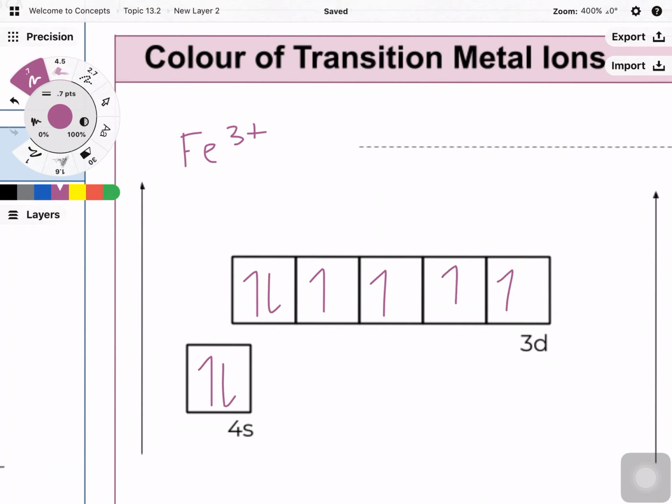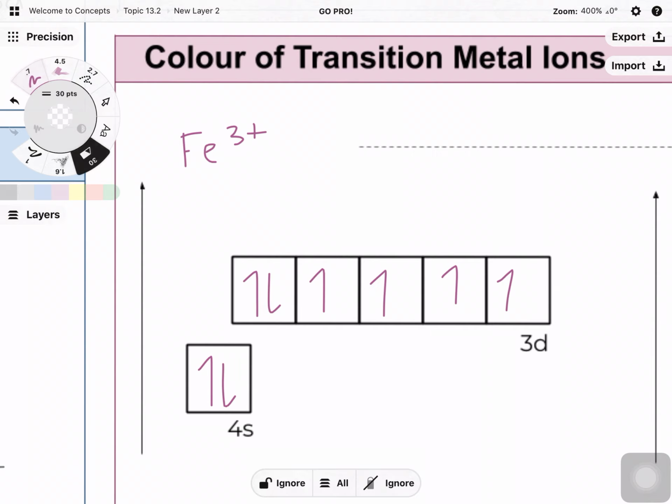But iron loses 3 of its electrons to become the cation, iron 3 plus. So we're going to remove the highest energy electrons, 1, 2, and 3. And this is what the orbital diagram of iron 3 plus looks like.